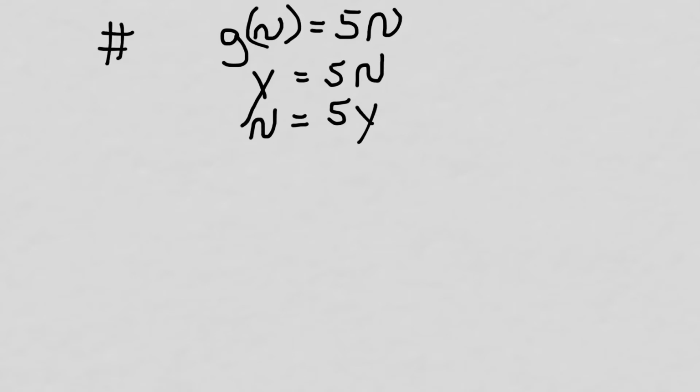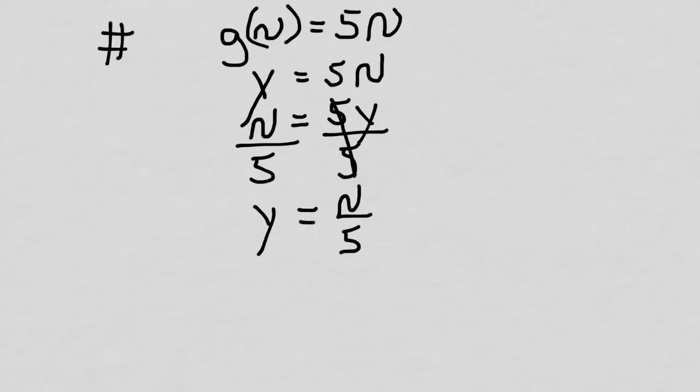Okay, now we want to solve for y. To do that, we want to divide both sides by 5. If we do that, the 5's cancel out, and we're left with y equals n over 5. To write that in the proper form, it's going to be g minus 1 of n.